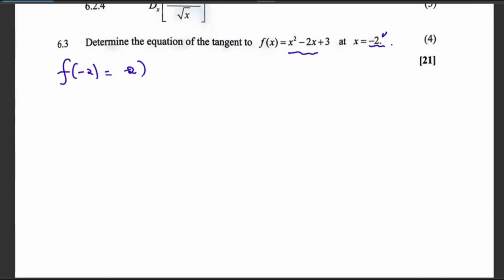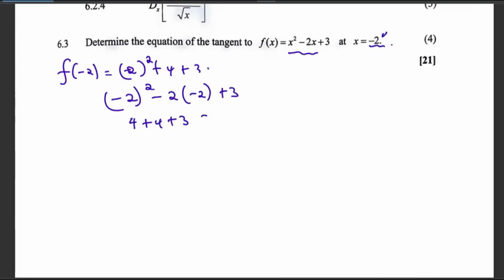It's negative 2 squared plus, it's going to be a 4 plus a 3. Somebody will take offense in that. So we have a 4 plus a 4 plus a 3, which gives us 11. So we have a point negative 2 and 11.